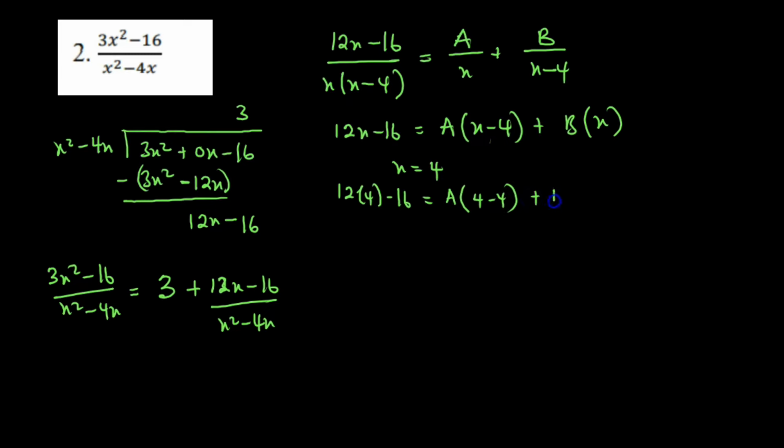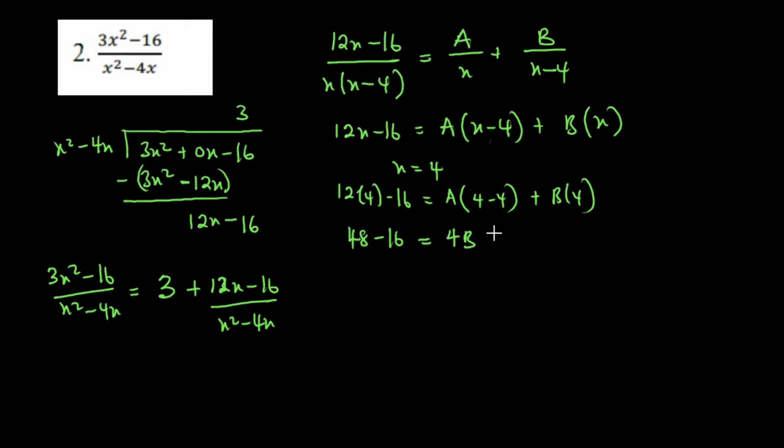Plus b into bracket 4. So we are left with 12 times 4. That gives us an answer of 48. So we have 48 minus 16 equal to 0 plus 4b.